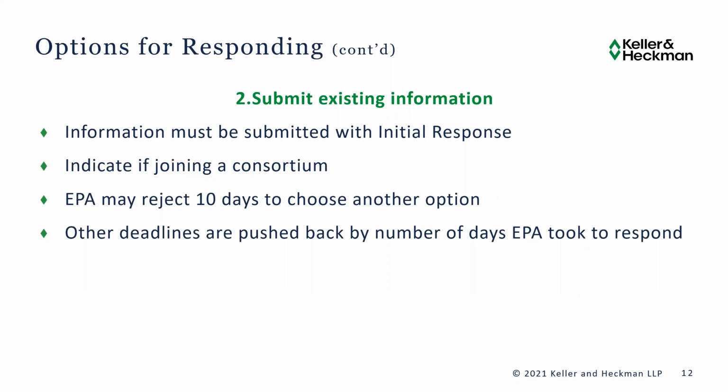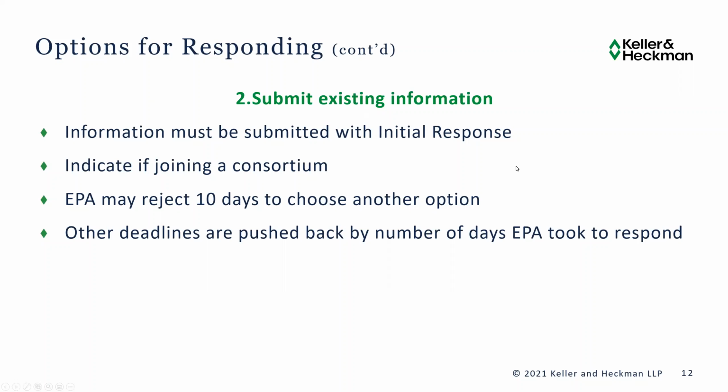That allows EPA to determine whether this information that is already in existence is sufficient to meet the data requirements that underlie the test order. And EPA has the option to reject that existing information if it's deemed to be insufficient or not sufficiently covering the data needs for EPA.